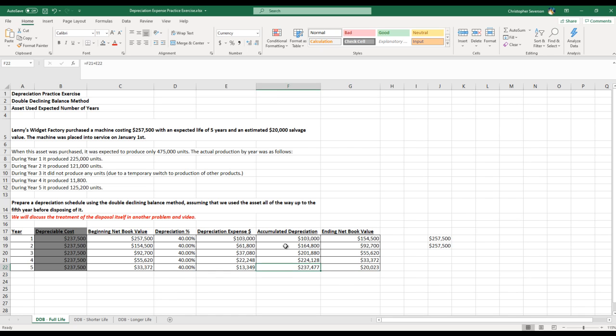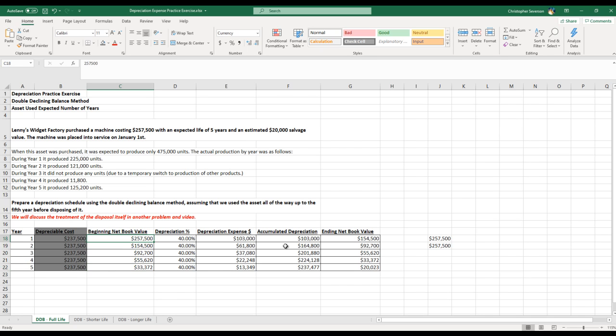So what happened here was the 40% calculation that we took brought us down to not quite the $20,000 salvage value, but very close. It brought us down to $20,023. So what I want to stress here is that the reason this happens, it could go more, it could go less, it could be close like it is in this situation.